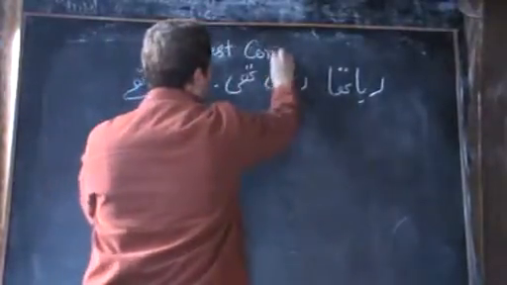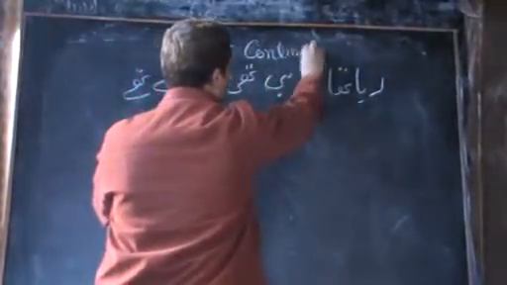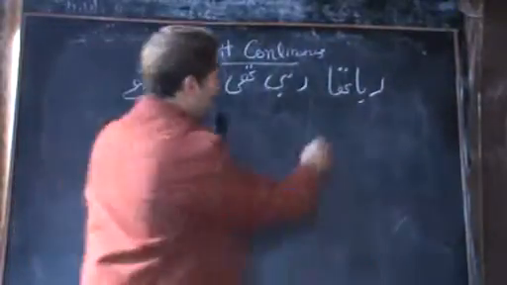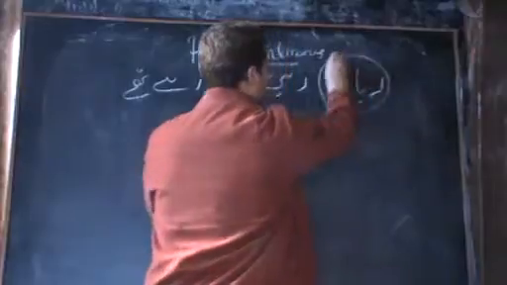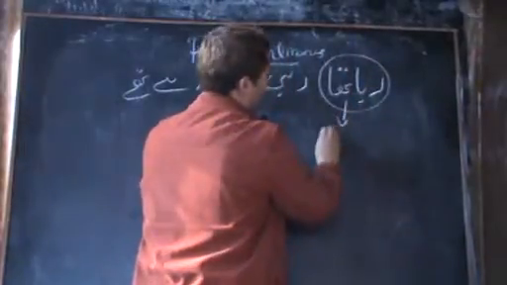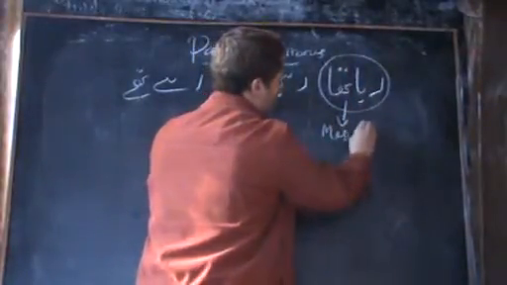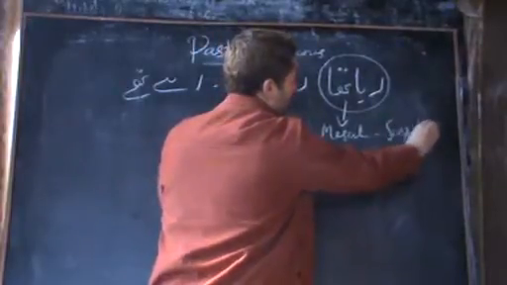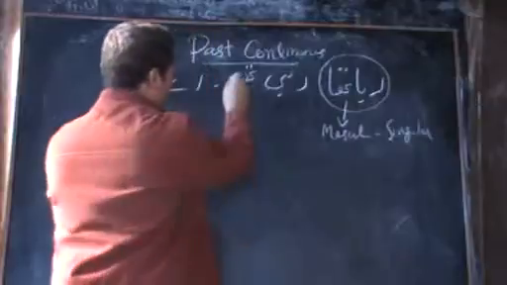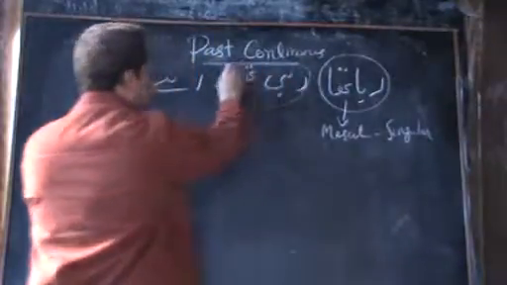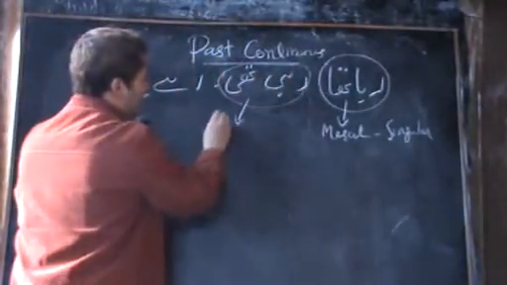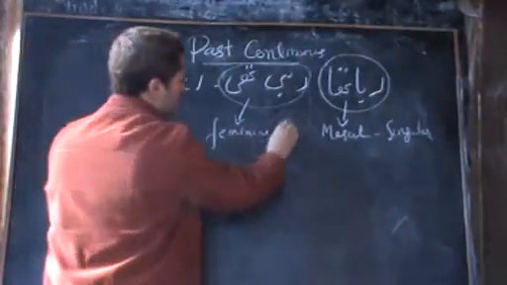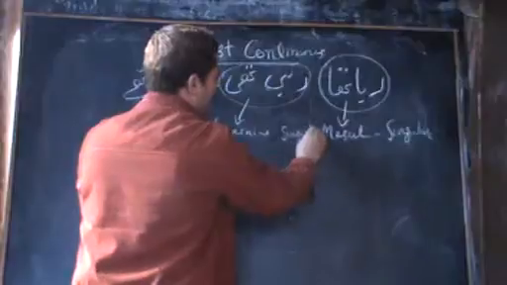We see such signs in past continuous, and first we'll see raha tha is related to masculine singular, and then rahi thi is the sign for feminine singular.